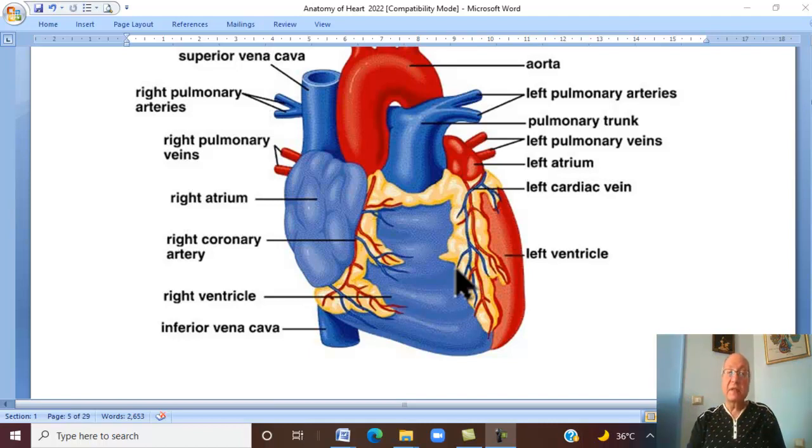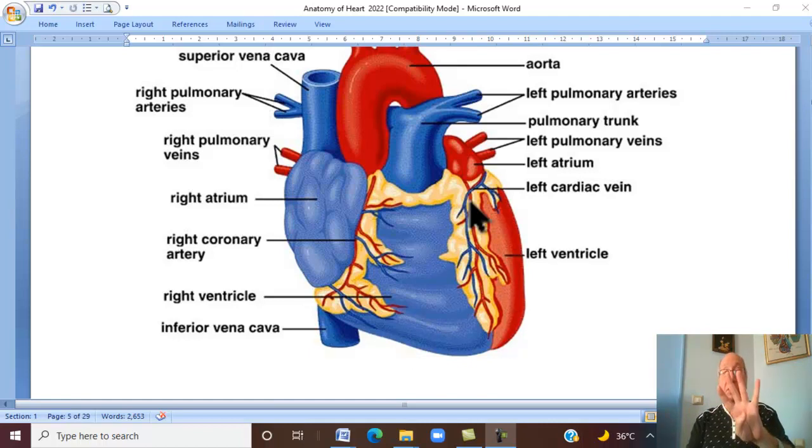And this surface from below is the inferior surface, which is related to the diaphragm. Therefore, it is called inferior surface or diaphragmatic surface.